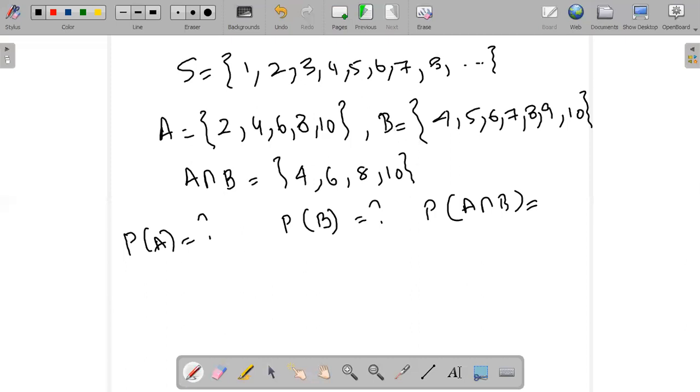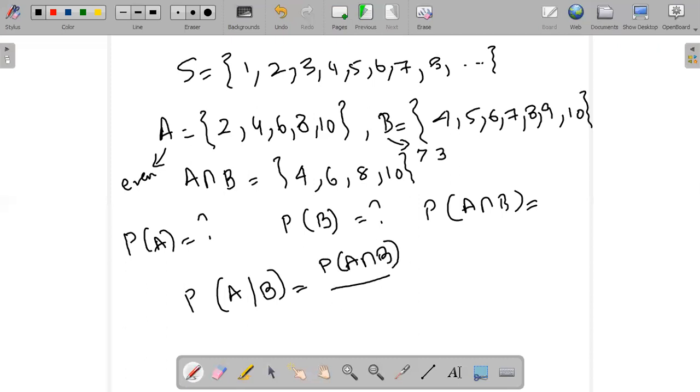This is with respect to the card being greater than 3, and this is the card drawn being even. So our question is P of A given B. Our formula is P of A intersection B divided by P of B.